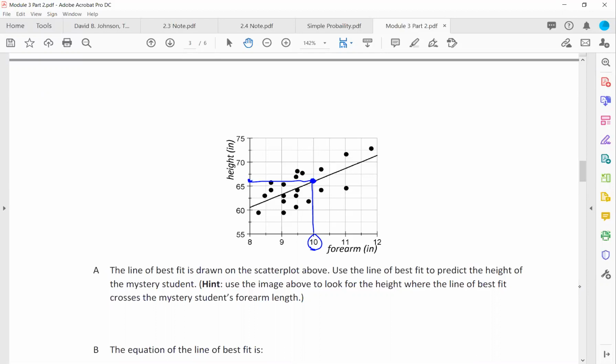You can say it's 66, yes, 66 inches. So the answer to A, using the given regression line, since our x is equal to 10 inches, our y, or the height, is 66 inches.